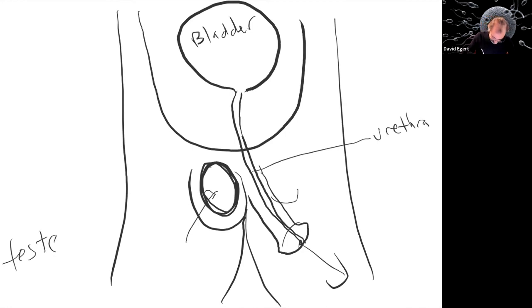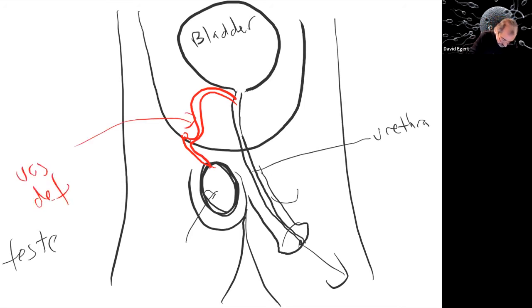And that vas deferens is going to go up through that inguinal canal that we talked about and bring the sperm where they can get into the urethra so they can ultimately get out of the penis there.